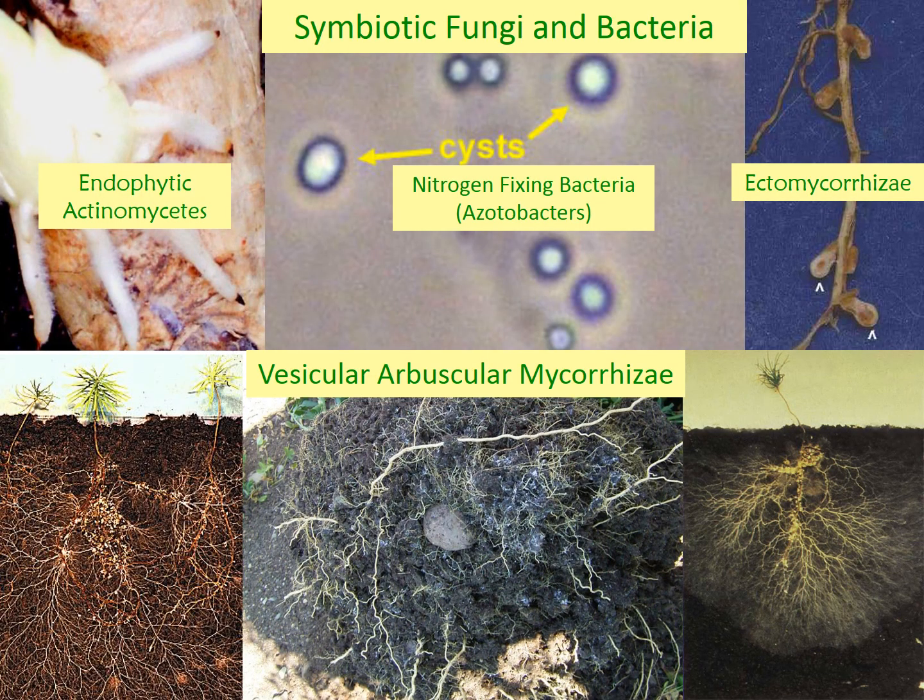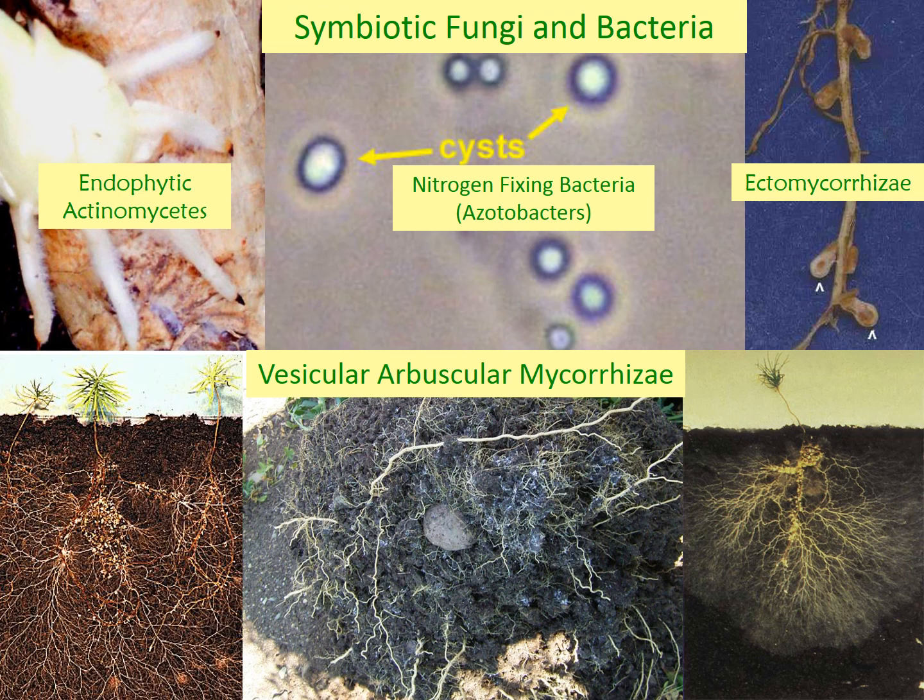These are some of the kinds of microbes that are going on in the soil, symbiotic fungi and bacteria. So you've got your endophytic actinomycetes, you have your azotobacters. The azotobacters, when it gets dry, if it ever gets dry here, they sort of protect themselves up in these oocysts.